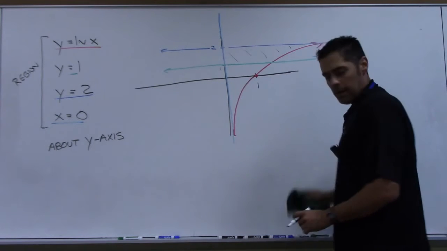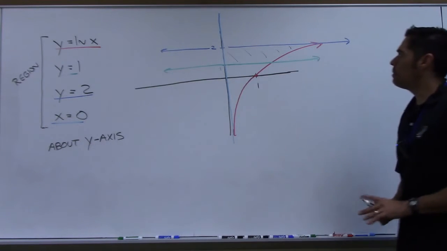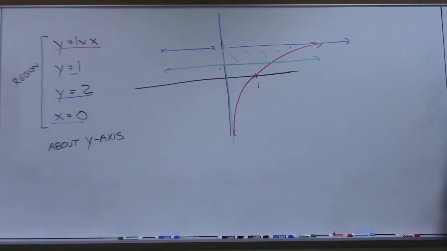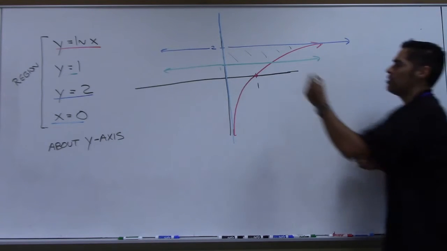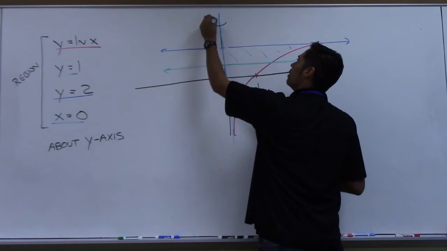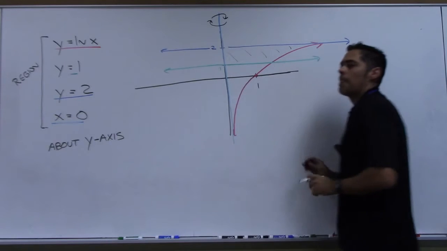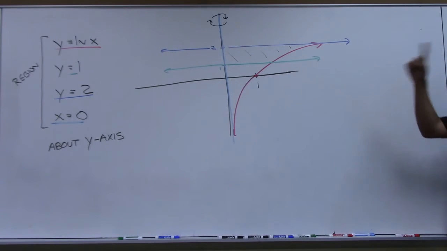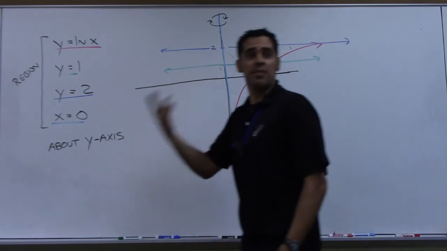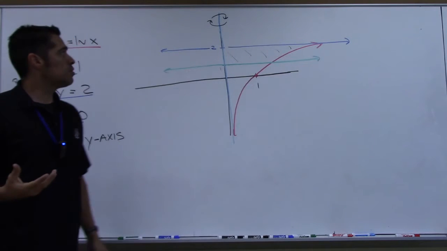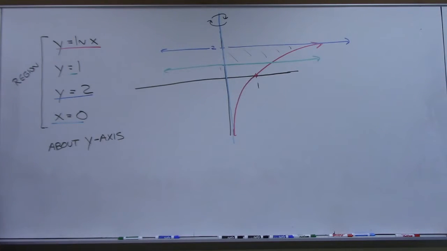So what do you see as a potential problem if we're going to do it this way around the y-axis? I should also label that axis of rotation. If we're going to create washers or disks, then which way do my rectangles need to be facing? Horizontally, don't they?